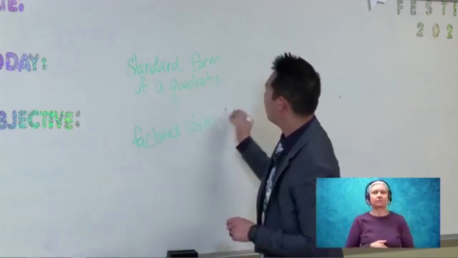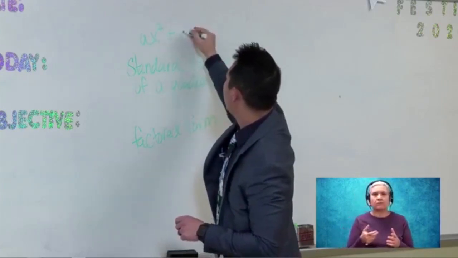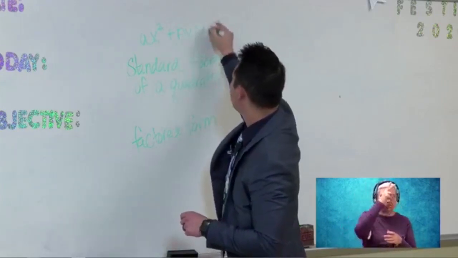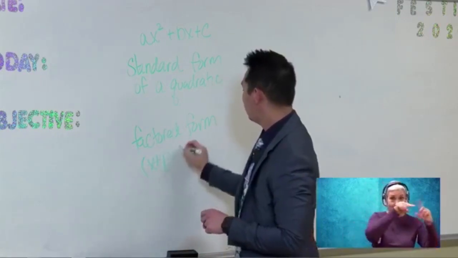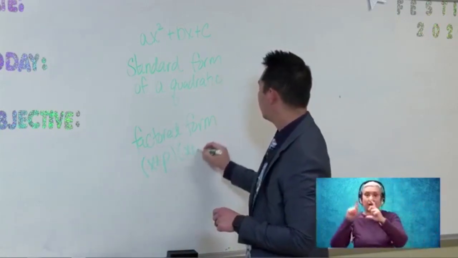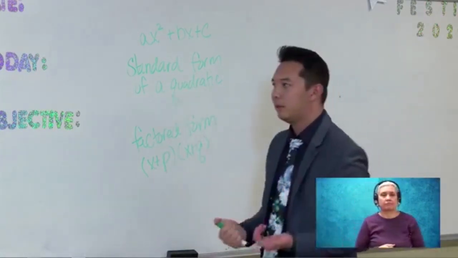And some general notation, the standard form typically is going to look something like ax squared plus bx plus c, whereas your factored form looks something like x plus p times the quantity x plus q. But these two are related to each other.